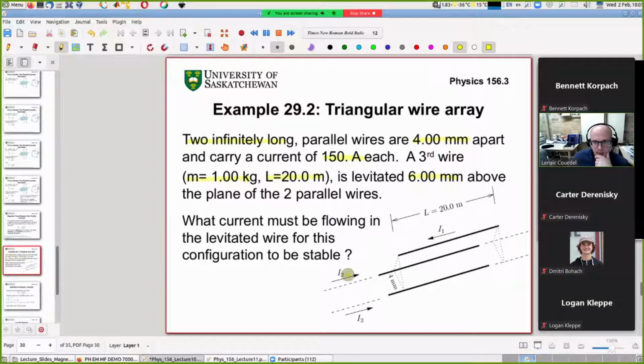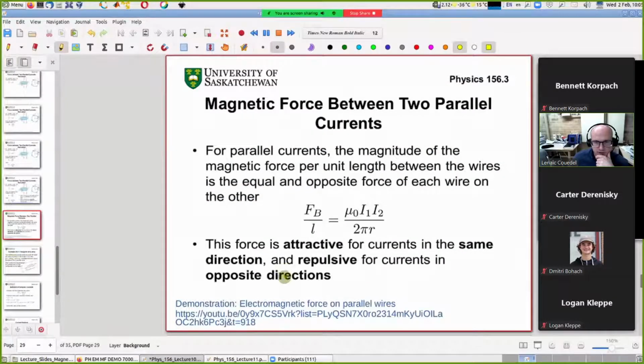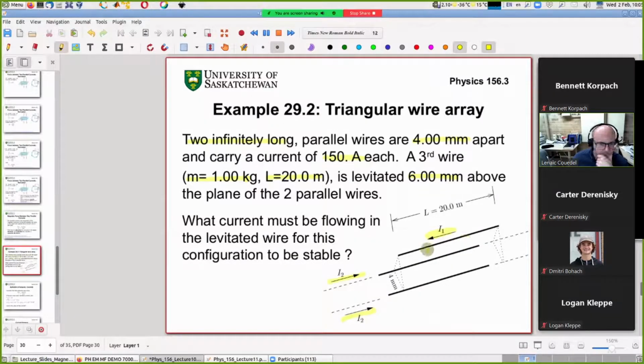You see the two infinitely long wires have a current in one direction, and the levitating wire has a current in the other direction. This comes directly from the fact that if we want to levitate the wire, we need to balance gravity, so we need a repulsive force on the levitating wire. So let's try to solve this.